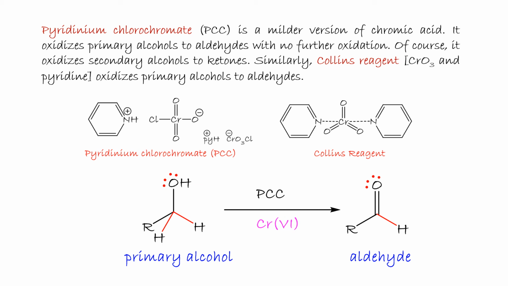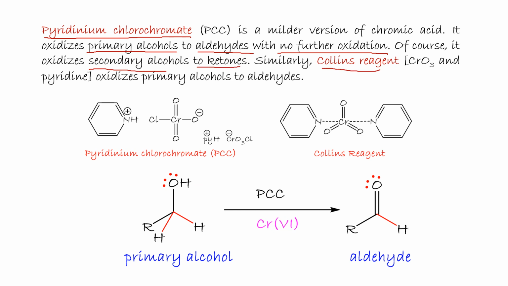Pyridinium chlorochromate, PCC, is a milder version of chromic acid. It oxidizes primary alcohol to aldehydes with no further oxidation. Of course, it oxidizes secondary alcohol to ketone.